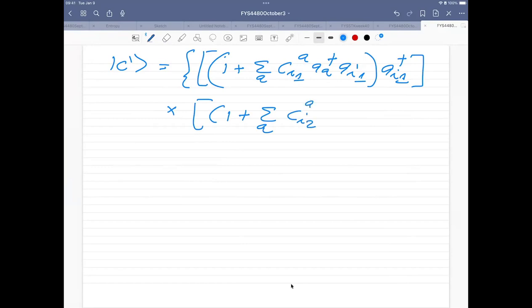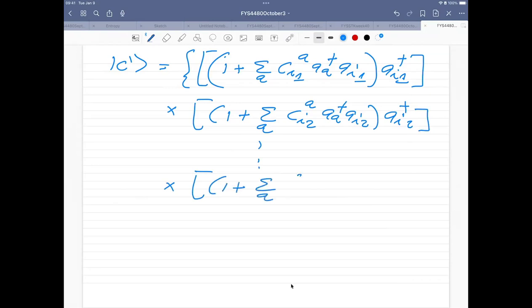So now I have the second state, and I have a_A^† a_I2, and this is multiplied with I2 here. And this runs all the way down to the last one, which is 1 plus a sum over A of C_IN^A a_A^† a_IN. And this acts on the vacuum state, like this.